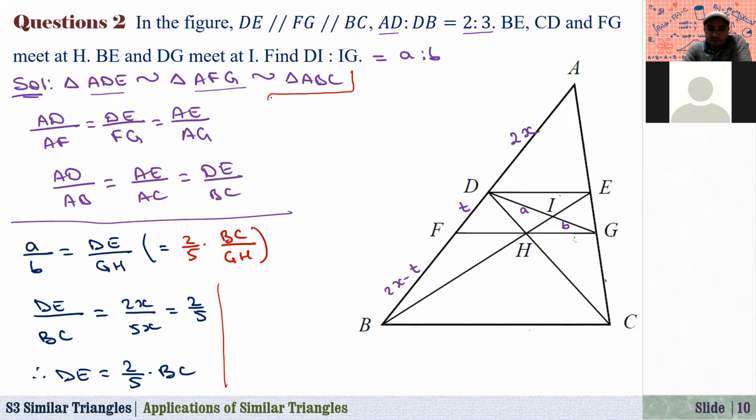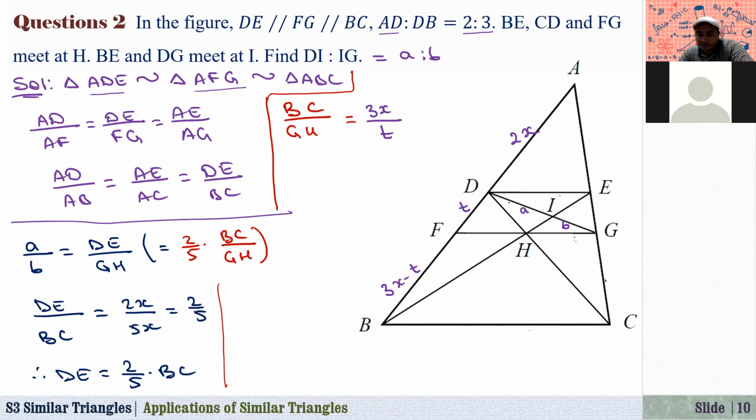So BC over GH is equal to 3x over 2x, or rather, since BD is 3x, it should be 3x over T. So the question is, how can I find x over T?